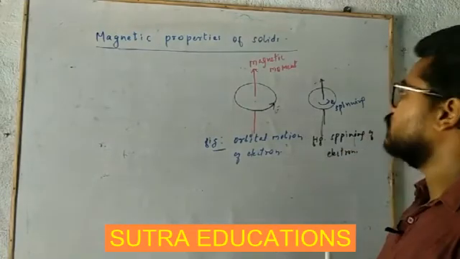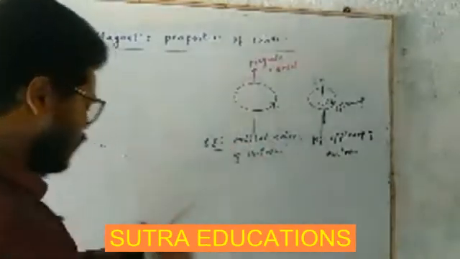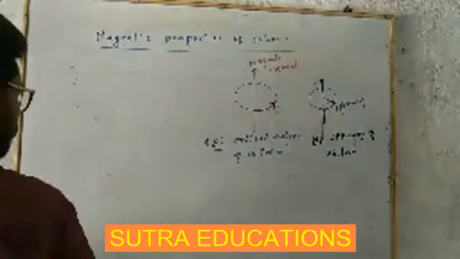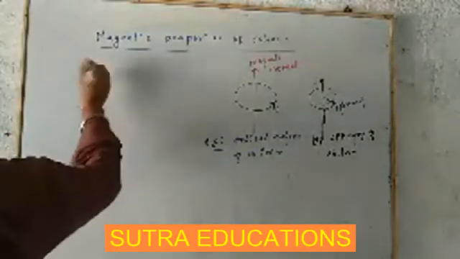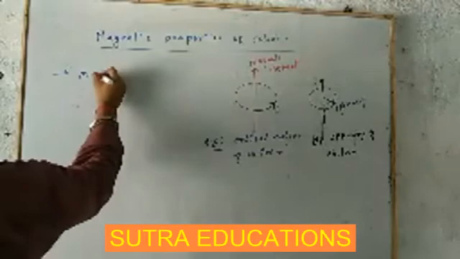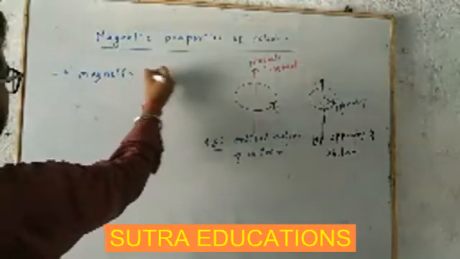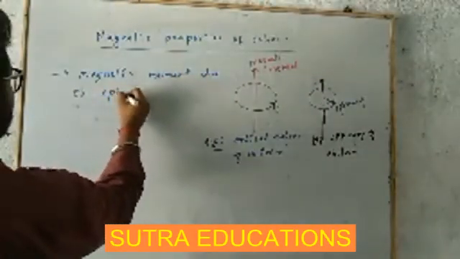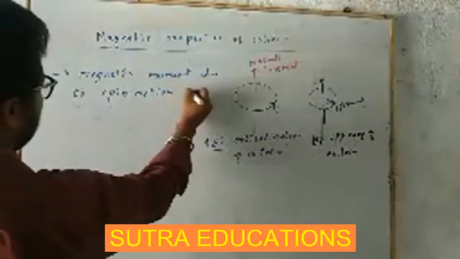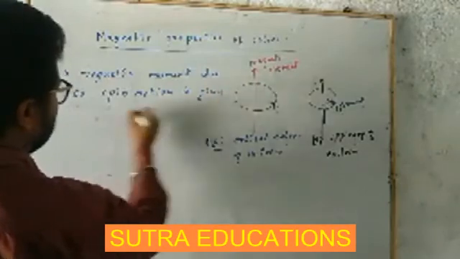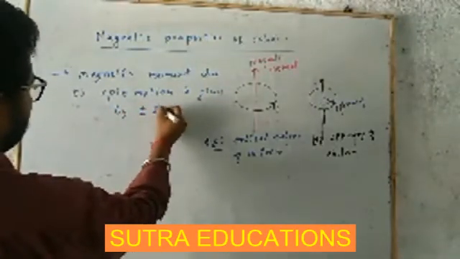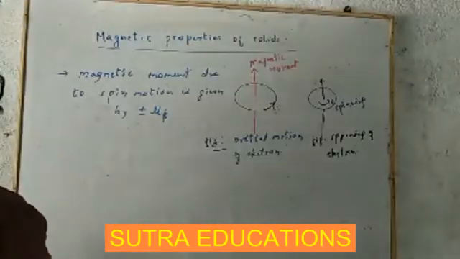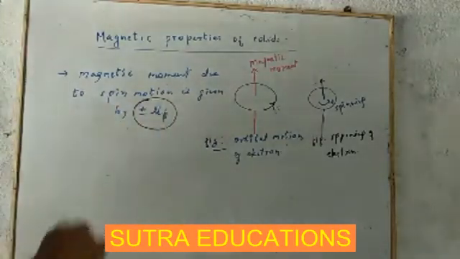It means spin motion. The magnetic moment due to spin motion is given by plus minus mu b, which means it depends upon the direction of rotation.